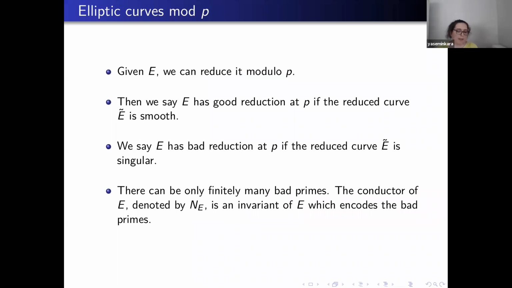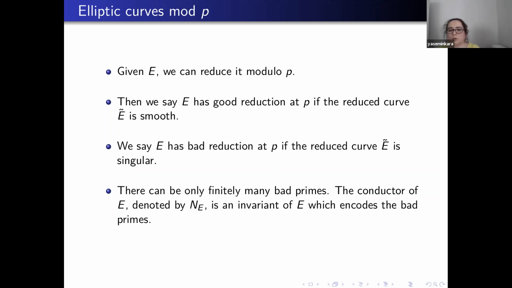Okay. So given an elliptic curve, we can reduce it modulo P. We say that E has good reduction at P if the reduced curve, which I denote by E tilde, is smooth. And we say that E has bad reduction at P if the reduced curve is singular. There can be only finitely many bad primes.